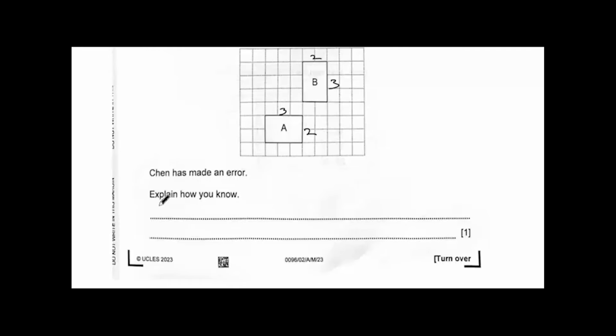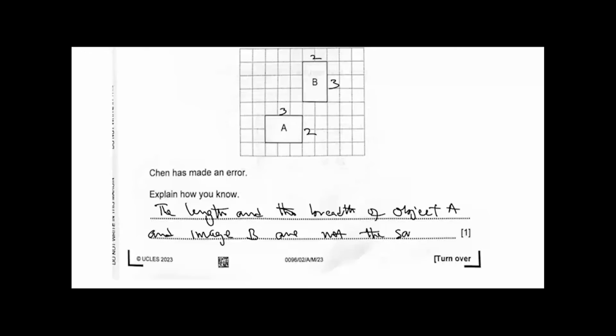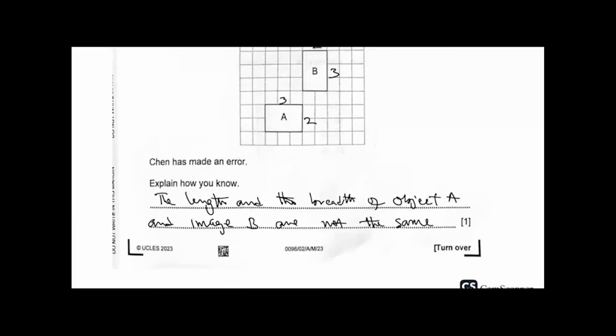So let me pick the second one. So that is the solution to that question.